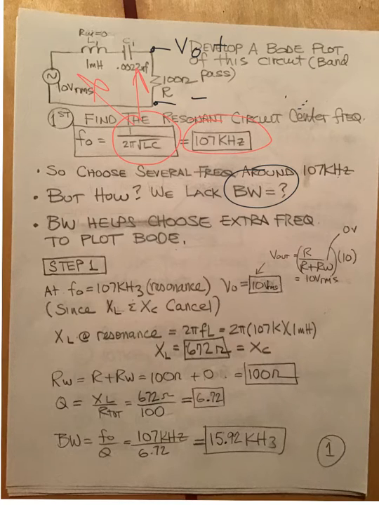At the resonant frequency, we're going to calculate X sub L and X sub C, which, guess what? They're equal at resonance, so you only have to do this once. And at resonance, we are assured to get the full 10 volts going through there because in this sample problem, as you can see up here, we've assumed the winding resistance in the coil to be 0.